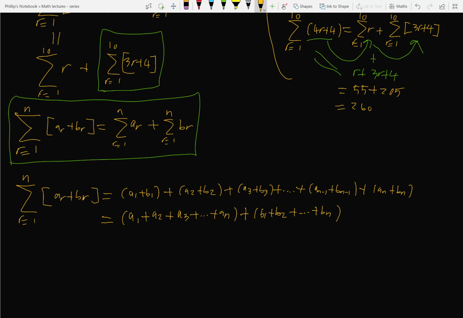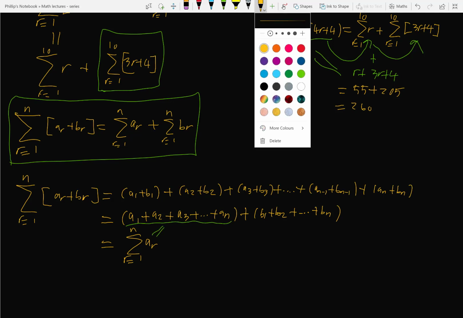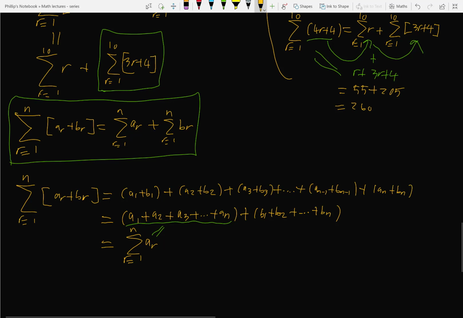But this is just going to be the sum from r equals 1 to n of a_r. That is literally, this stuff here is equal to that. And this is just going to be the sum from r equals 1 to n of b_r. So again, using blue this time, this is equal to this.